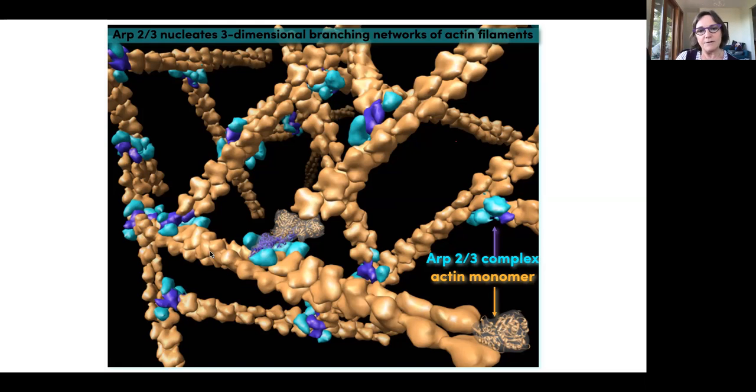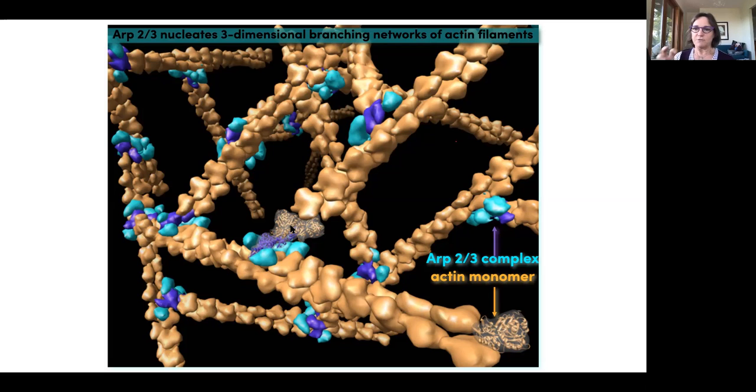And what you're looking at here are actin filaments, and then this nucleating complex called ARP23. ARP is actin-related protein. So it has a structure similar to actin, but it binds to actin filaments, and then it gets activated by another protein that I'll tell you about in a second to catalyze the nucleation of a new actin filament growing off the side of an existing filament at a 70-degree angle.